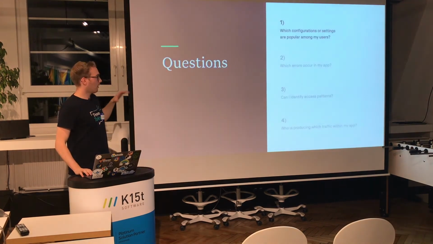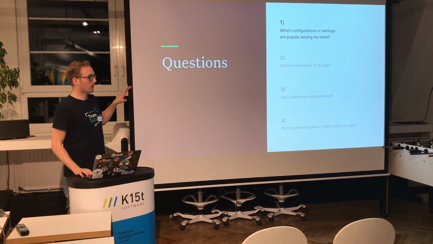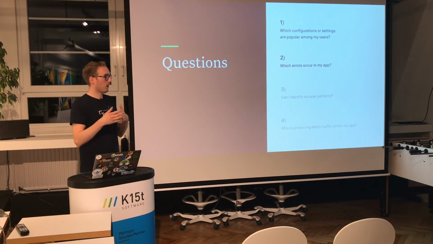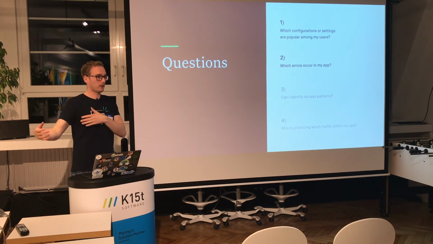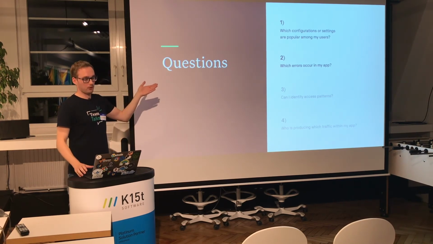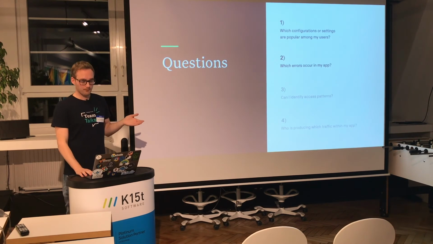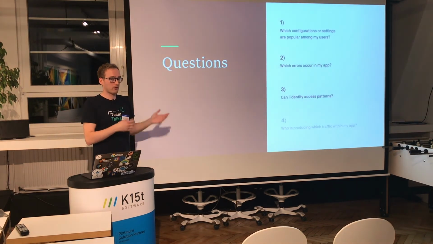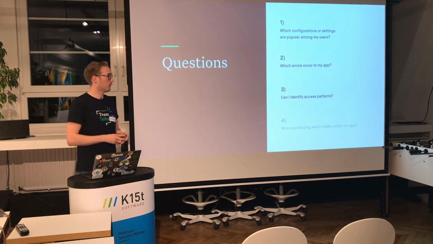With all this information, you are able to answer not only the first question, but also the second question. If you make sure that you have this data, like the error data, prepared in an S3 bucket, then you can query it. And also the third one: if you can make use of the CloudFront logs, you can identify certain access patterns.